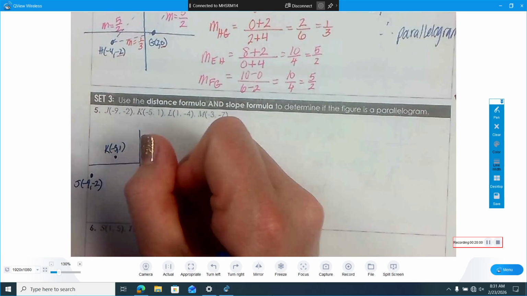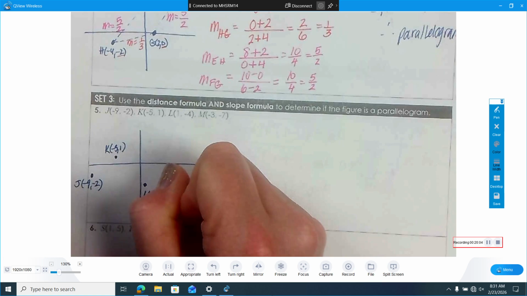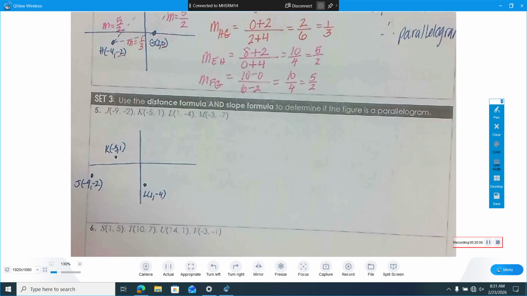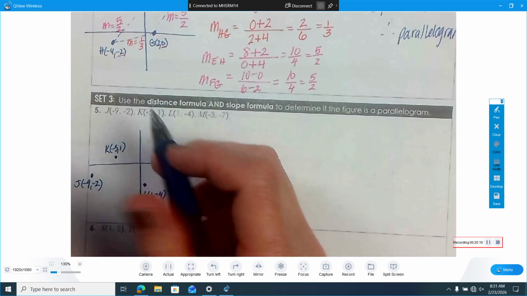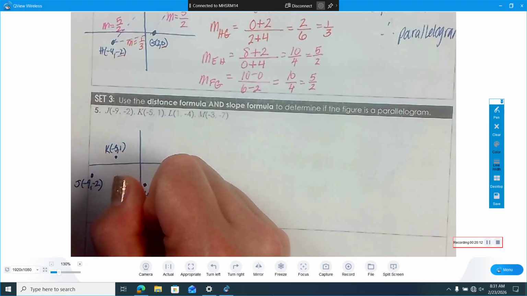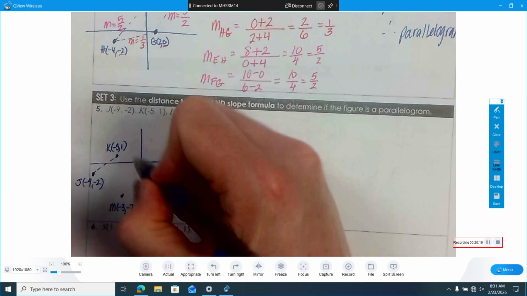L is at 1, negative 4. And M is at negative 3, negative 7, right there. That's interesting.